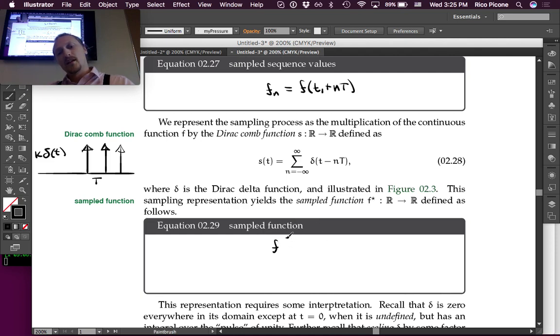Gotta draw it lighter. There we go, f star. Not too bad, right? f star of t is equal to the Dirac comb function, with all of those Dirac deltas in it, multiplied by the function we're trying to sample. Okay?